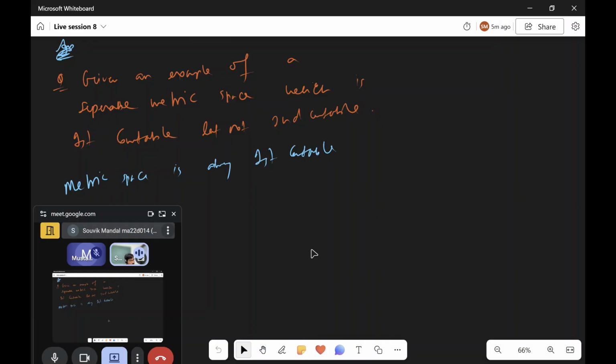Because if we take any point x, we can consider the collection of open neighborhoods around x, the balls of radius 1/n. But it is also sometimes possibly second countable. So such a thing is not possible, okay? That's why this question's answer may not exist for the metric space.